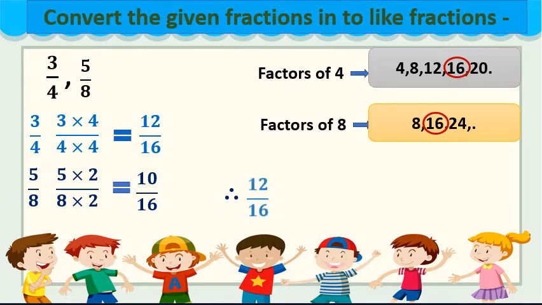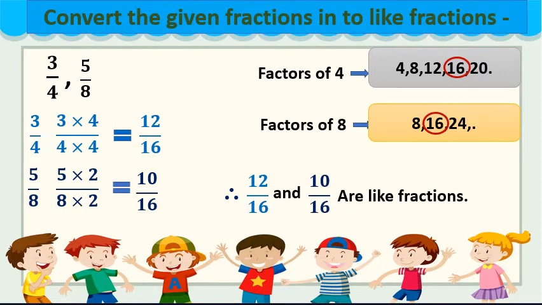So here 12 upon 16 and 10 upon 16 are like fractions, and they are equivalent to 3 upon 4 and 5 upon 8. Got this, students? Like this you have to convert the given fractions into like fractions.